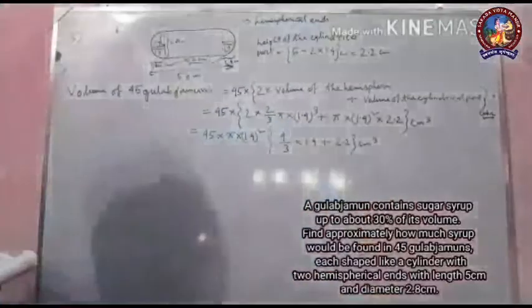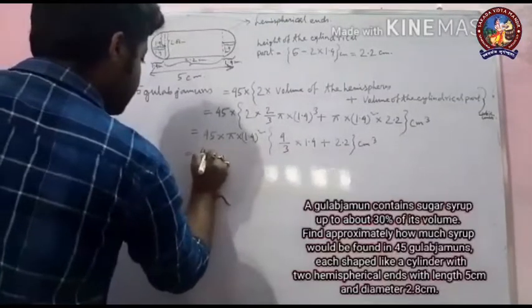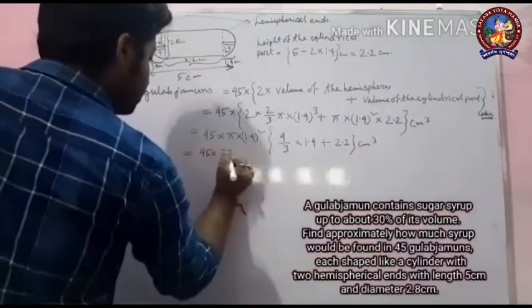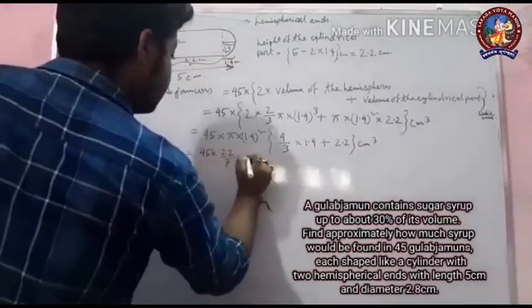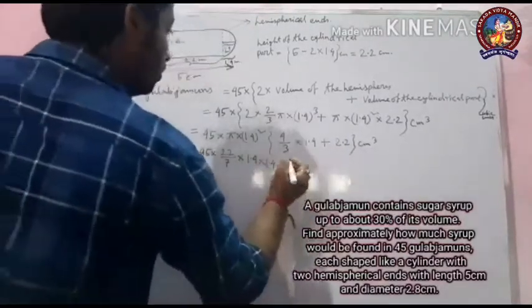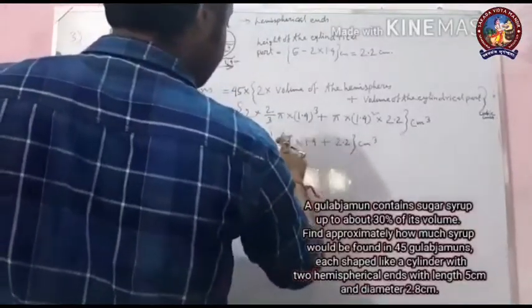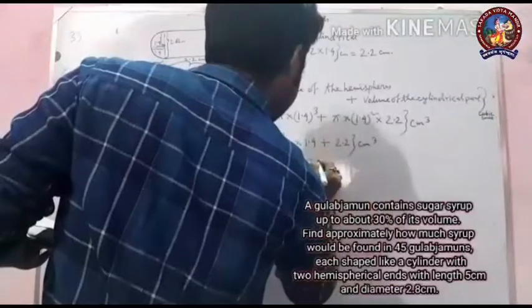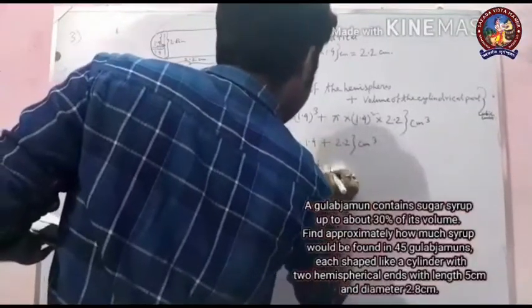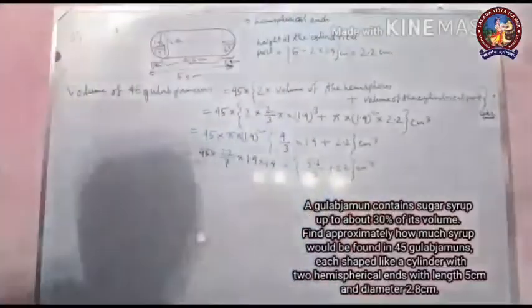Now what is the value of pi here? It is 22/7. 1.4 square, that is again 1.4, and with that I can write 5.6/3 plus 2.2.